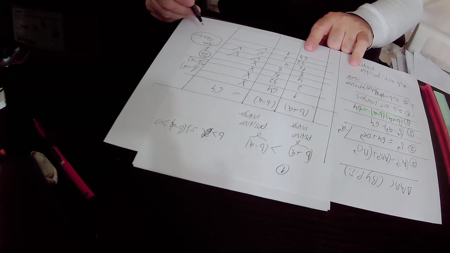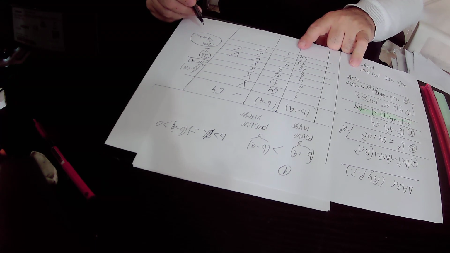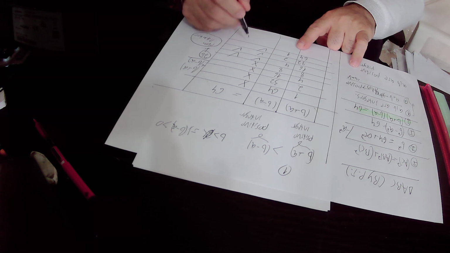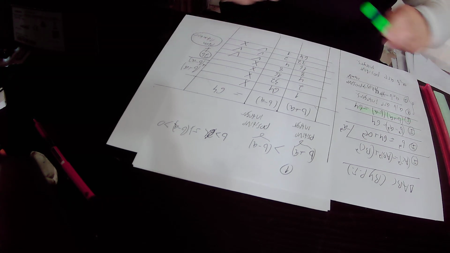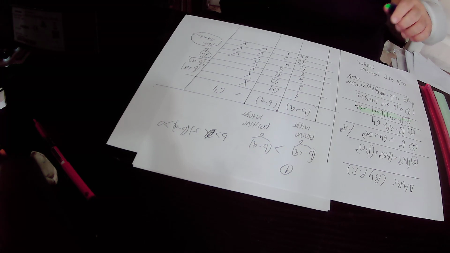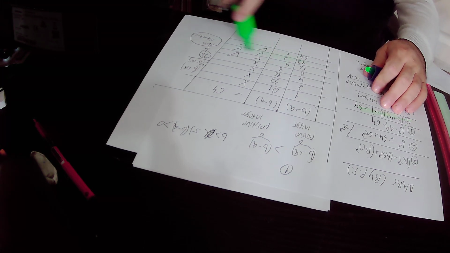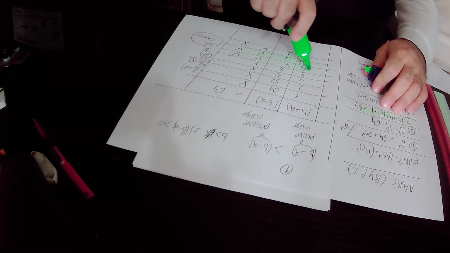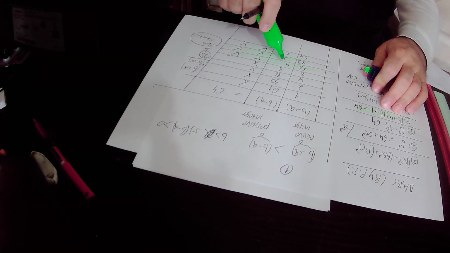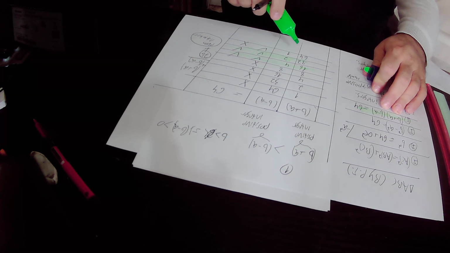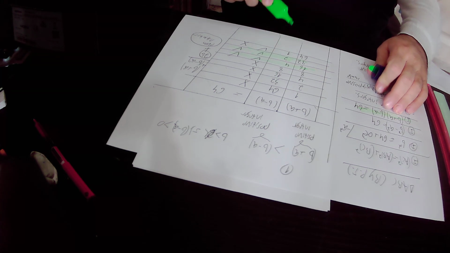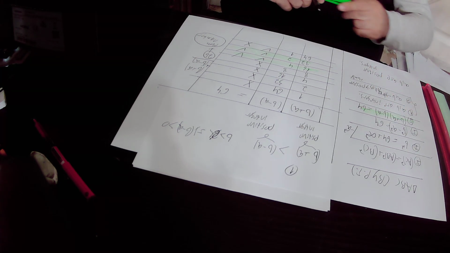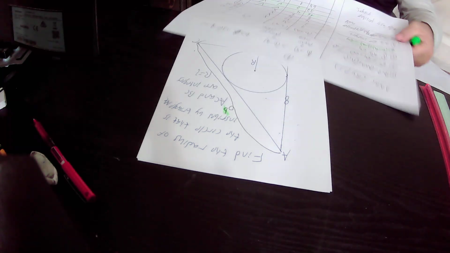And 64 plus 1 is 65. It is an odd number, so it is not a good solution. So we're left with only two possible solutions to the question: 16 and 4, and the second one is 32 and 2.